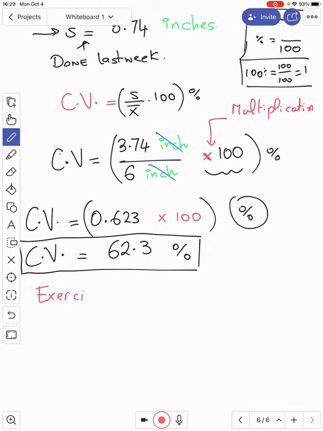So please, compute the coefficient of variation of the hybrid B.